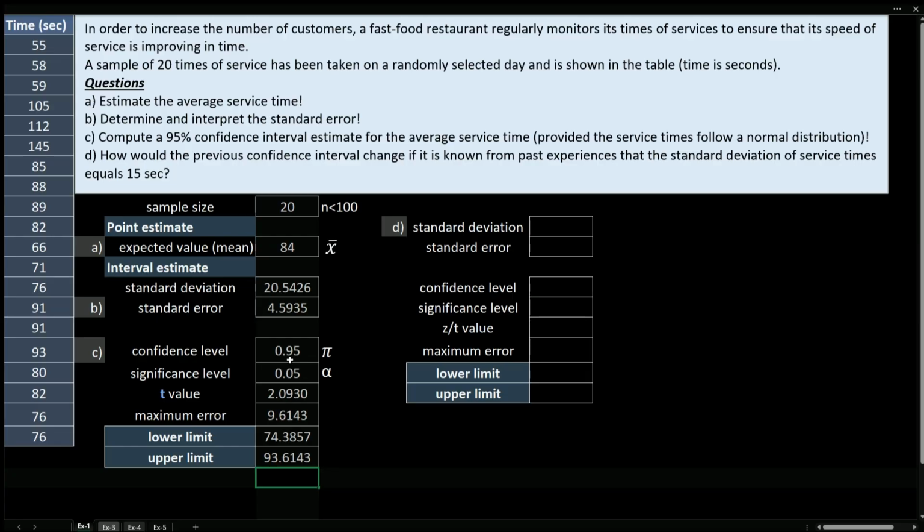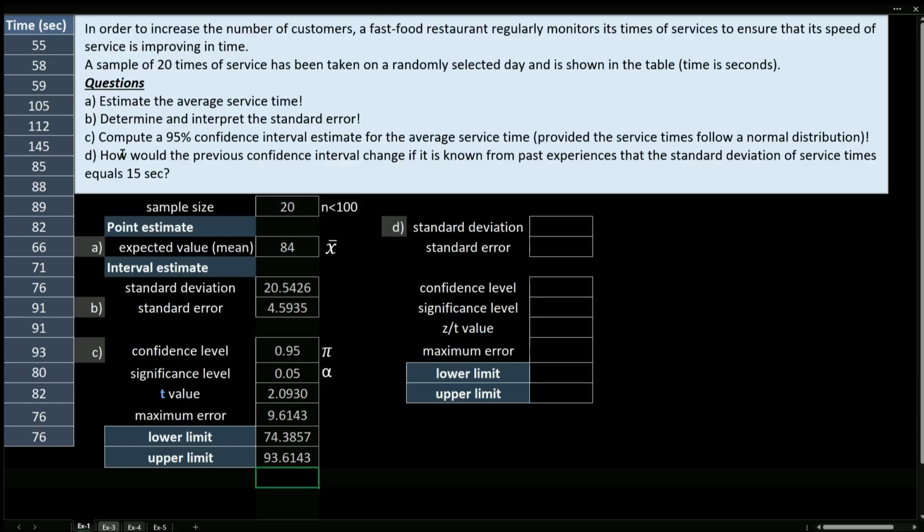Now, with 95% confidence, we can say that the average or the mean for the population is between 74.38 and 93.61.